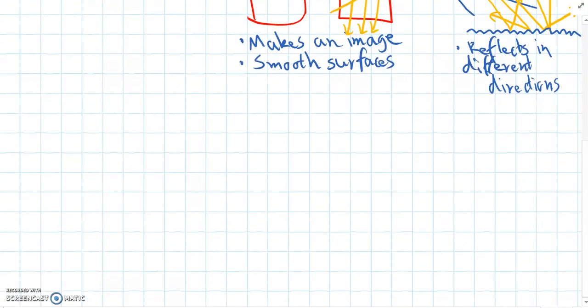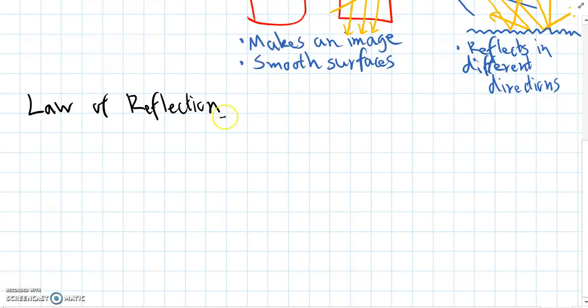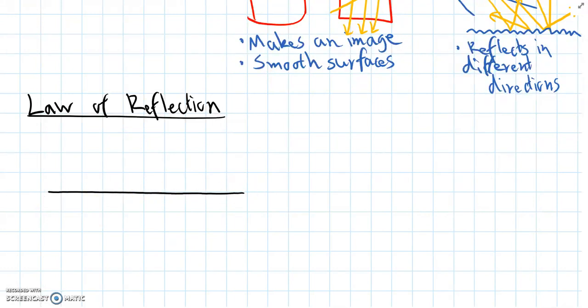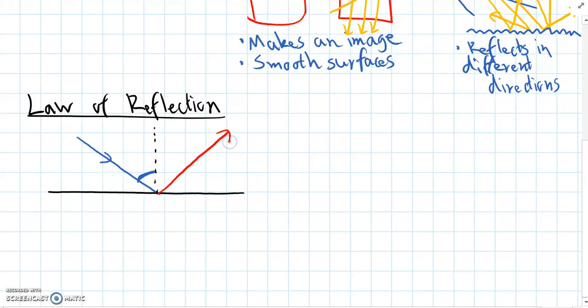Alright, the next thing we need to look at is something called the law of reflection. And what scientists discovered is that if we ever have a smooth surface, like a mirror, wherever light comes in and hits that mirror, if we draw a vertical line off the mirror, then the angle that that light comes in at is always the same as the angle that the light reflects away at.